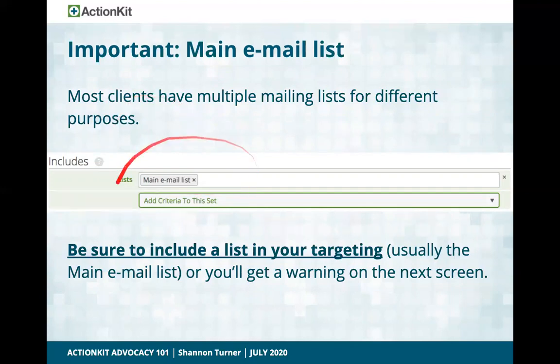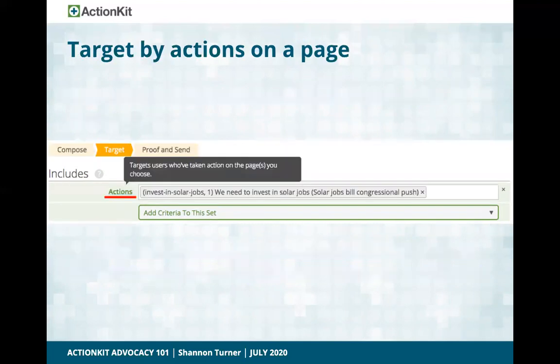You can get there from add criteria, lists, and then type in the main email list. Your organization may have multiple email lists, including some that are not supposed to receive any mailings, but they're not necessarily unsubscribed. But this will let you target just to my main email list.